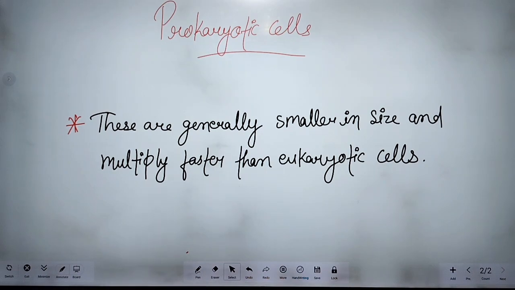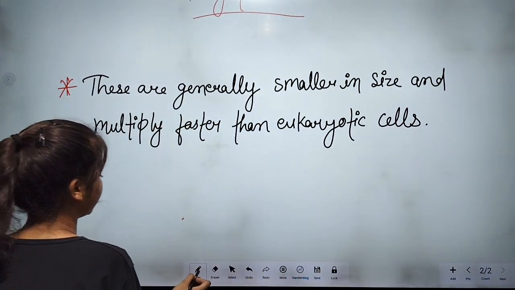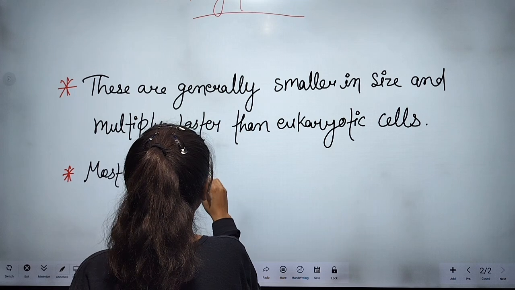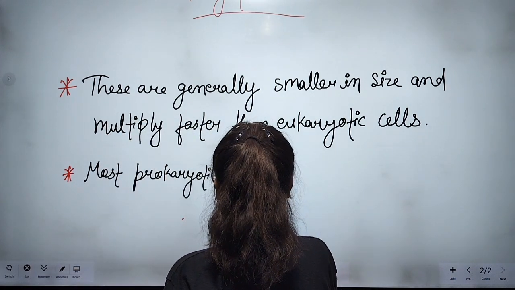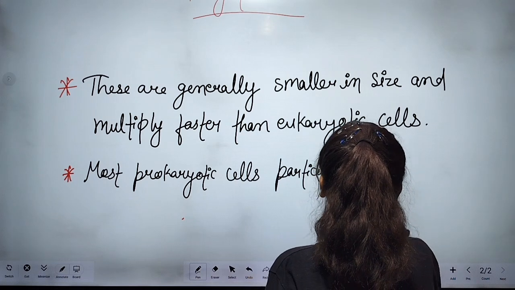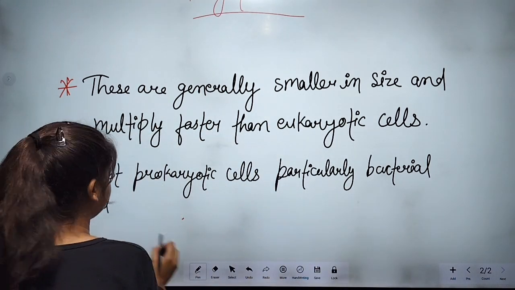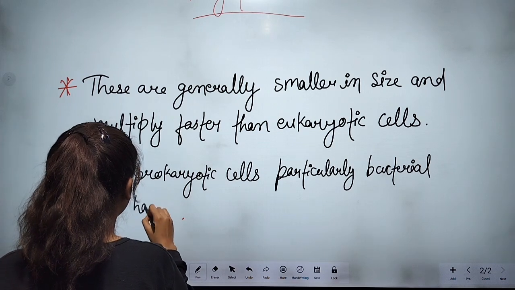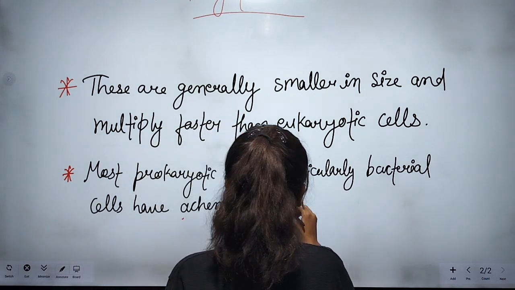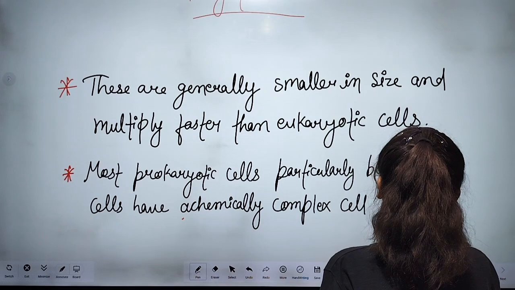Let's see another point. Most prokaryotic cells, particularly bacterial cells, have a chemically complex cell envelope.